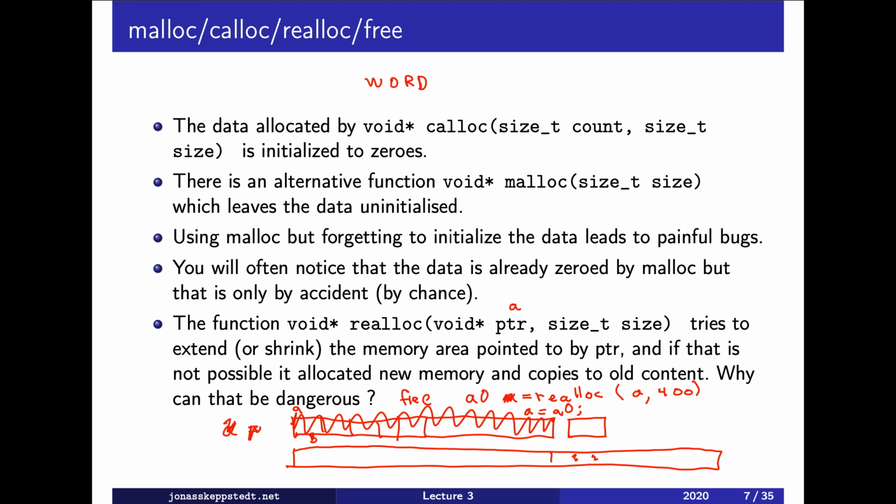Because if we use a null pointer here and the size, then it behaves as malloc. And if we want to use free, we can set the new size to 0. So then it frees the data. But of course we shouldn't do that. But it's maybe interesting to know that we actually can skip malloc and free. But don't do that.